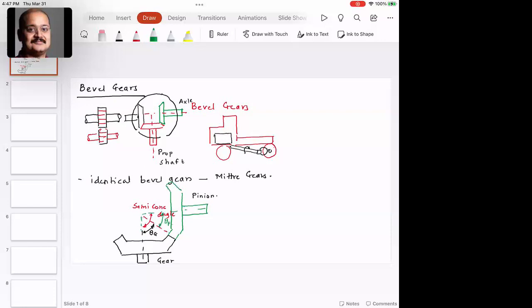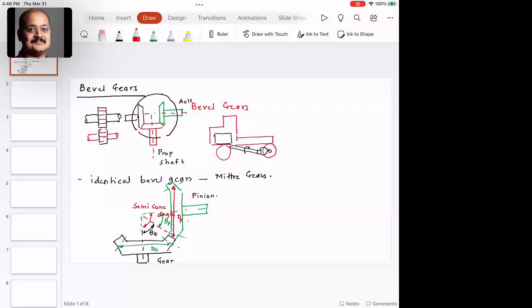Now please understand, this distance is nothing but the pitch circle diameter of the gear. So I'm going to call this dg. Similarly, this is dp.